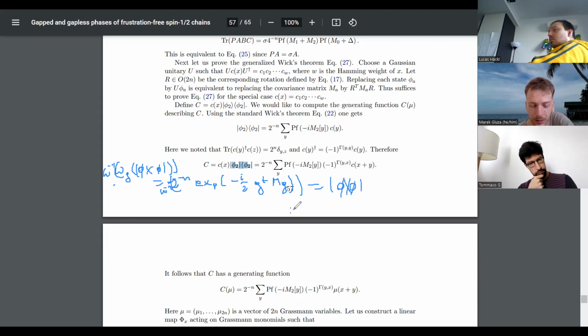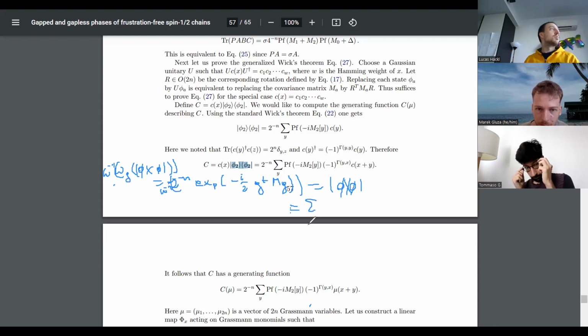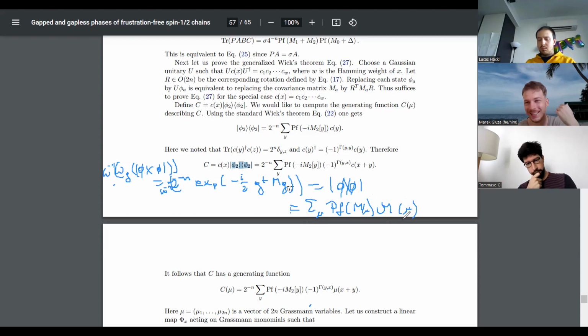But this gives me the expansion in Majoranas. So there's this thing going on in the background, where we have to take the Pfaffian of M restricted to rows and columns indicated by mu, and then M of mu. Without saying this, we did this expansion, because the definition of the Gaussian state here is as a Gaussian expression in Grassmann numbers.